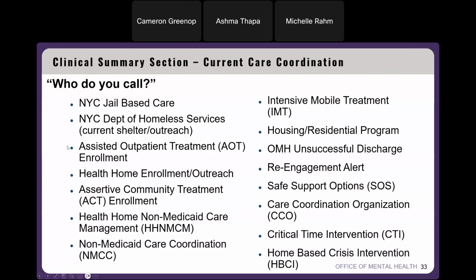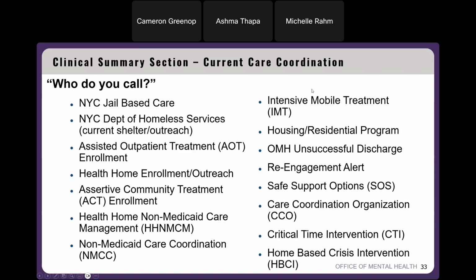Some examples are New York City jail-based care, New York City Department of Homeless Services, assisted outpatient treatment enrollment, health home enrollment or outreach, assertive community treatment, health home non-Medicaid care management, non-Medicaid care coordination, intensive mobile treatment, housing/residential program, OMH unsuccessful discharge, re-engagement alert, safe support options, care coordination organization, critical time intervention, home-based crisis intervention.